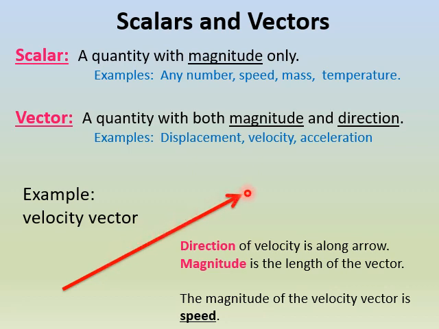So that is very intuitive, and that makes sense. The arrow points in the direction of the vector. The length of the vector here that we draw, the length of this arrow, tells us the magnitude, which is the strength or the size of the vector. So for a velocity vector, the length here would tell us about the speed of the object, because that's the magnitude of the velocity vector.